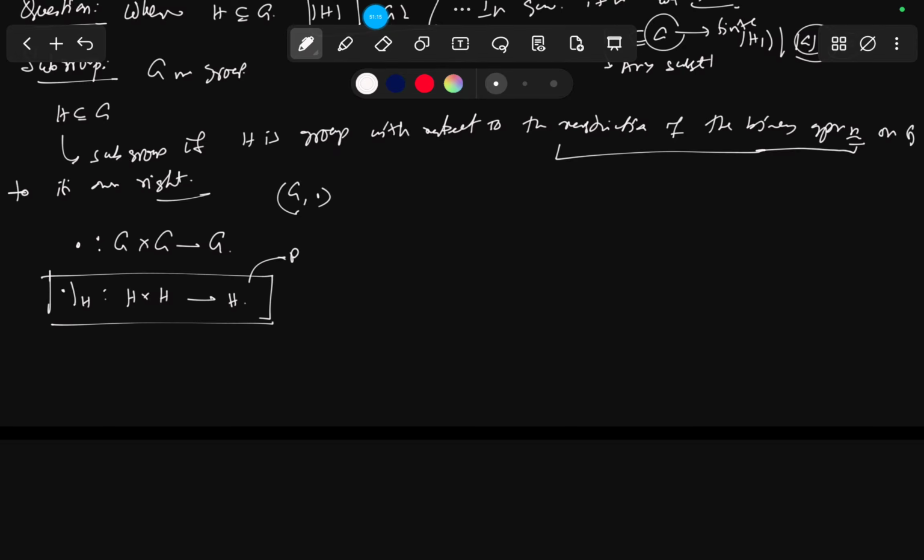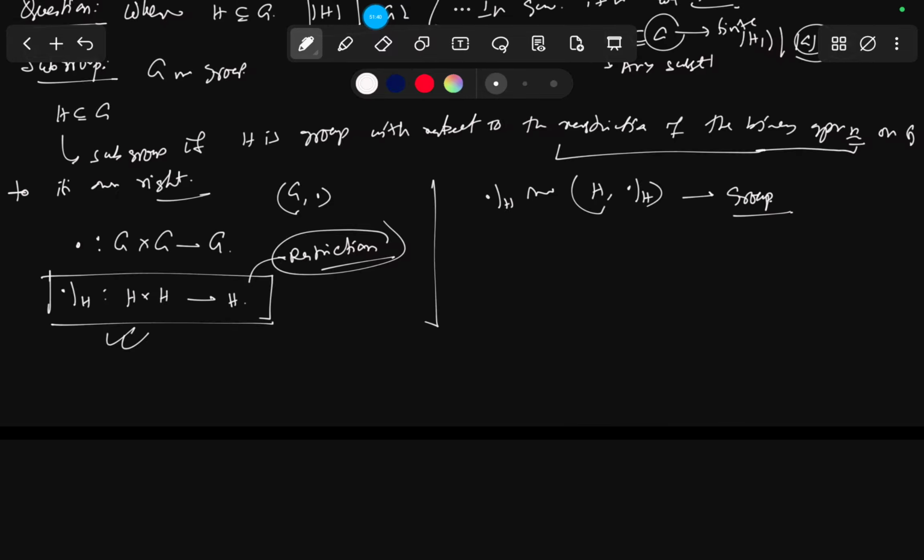So if H is a subset of G that has this property, and with respect to this multiplication, H with the restricted binary operation is also a group, right? So that basically gives the local version of the group.